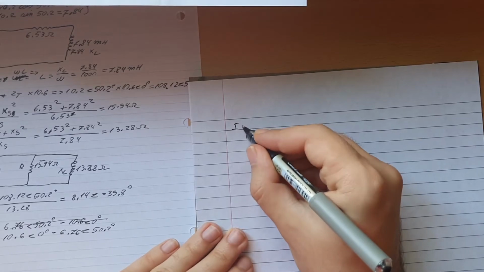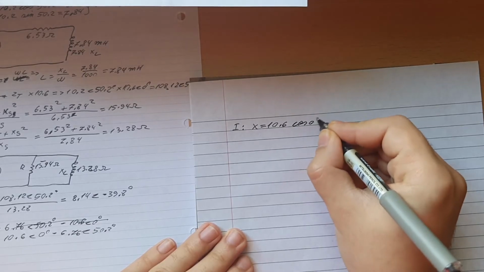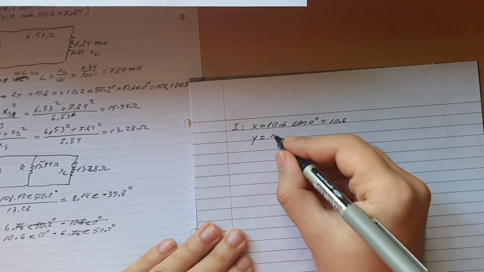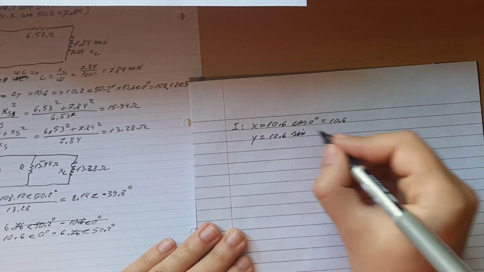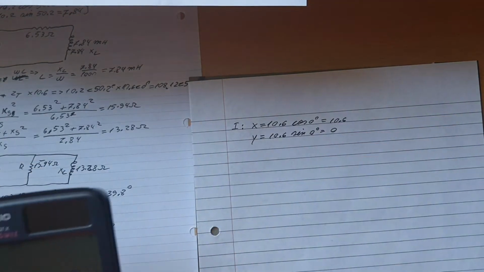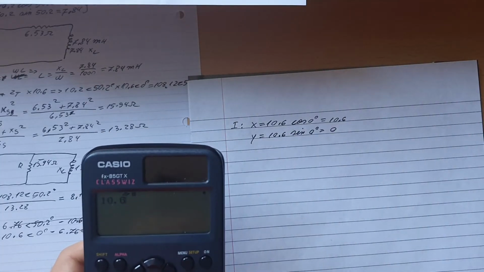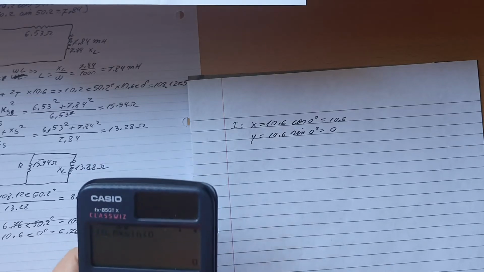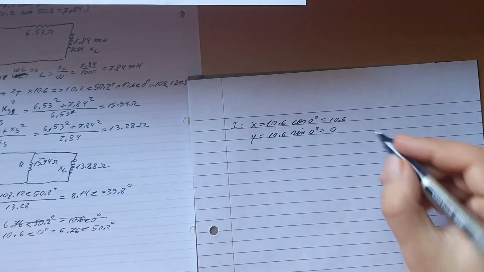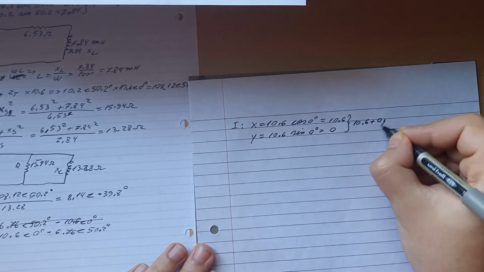Alright, so x value will be equal with 10.6 cos 0 degrees, so that will be equal with 10.6, and then y will be equal with 10.6 sine 0 degrees, and that will be equal with 0. I think that's the right answer, isn't it? Yeah, that's 0 basically. And if it's cosine, it should be the same number. Yeah, it is the same number. Okay. So that is 10.6 plus 0j.